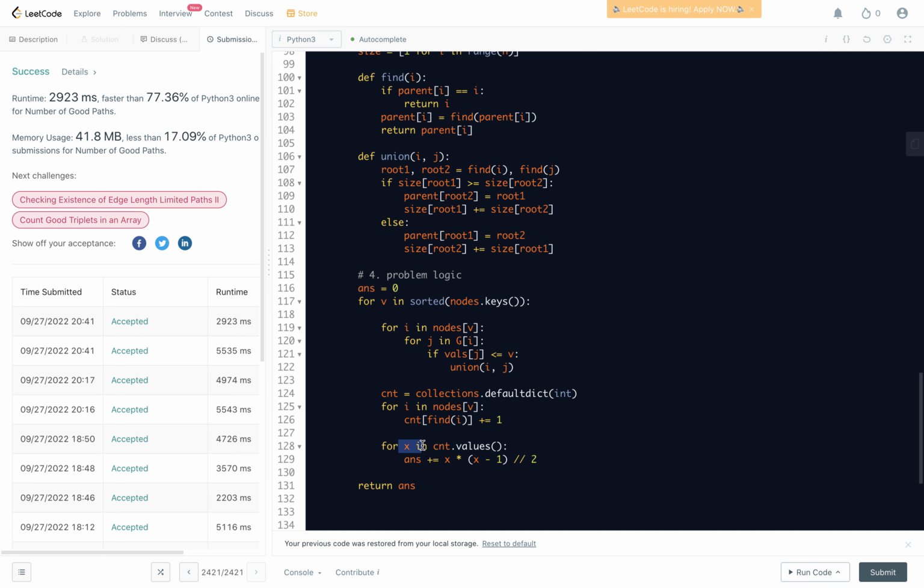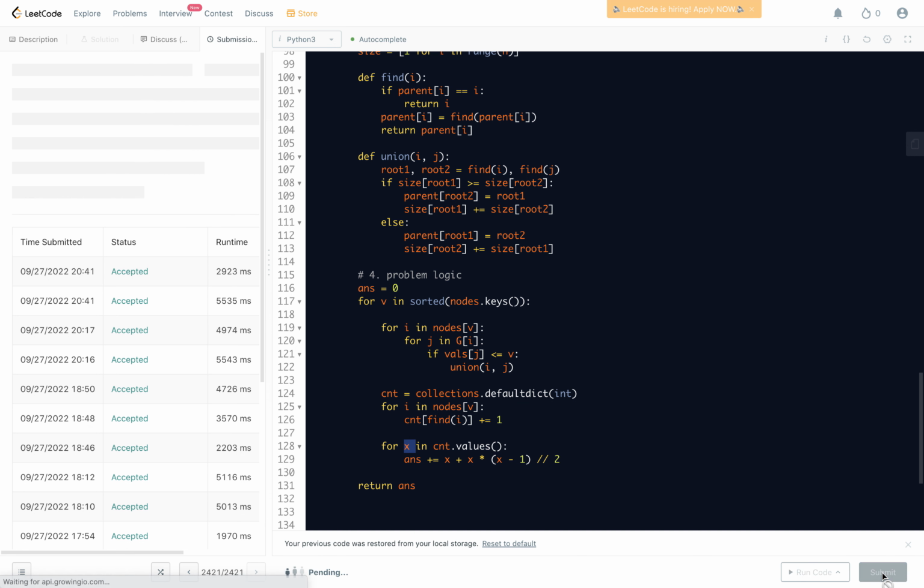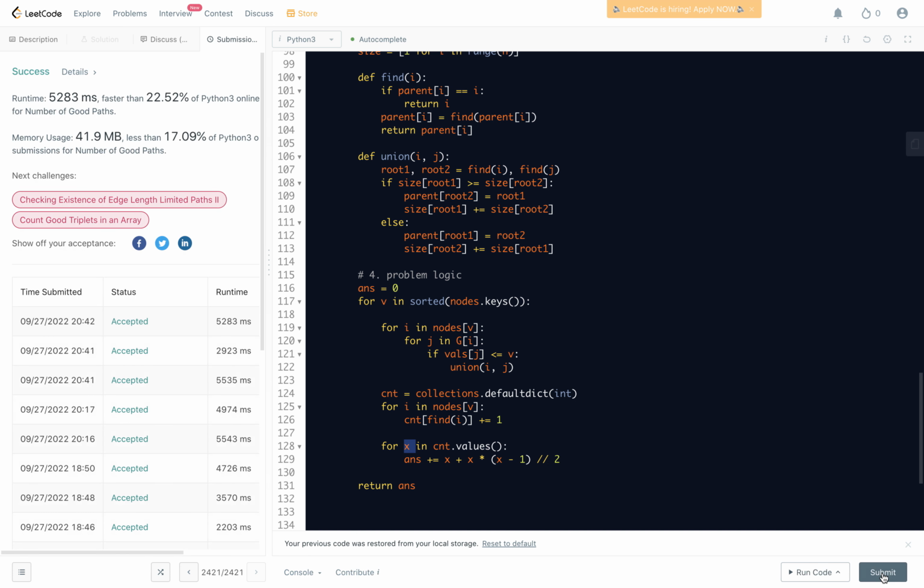Another thing is another format of doing the counting. We can actually set the answer to be 0 at the very beginning. So when we have this number of nodes, we can do the count like this. We add x, we count the good paths with just one node and the value being v. This is also okay because here we set it to 0. So this x, if we sum them up, will be n, the number of nodes.